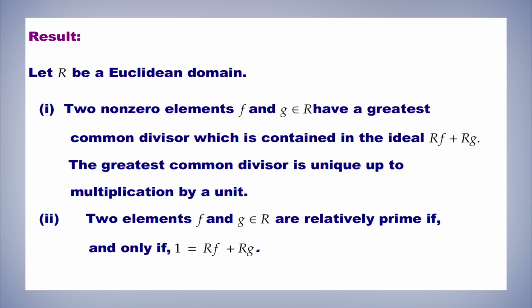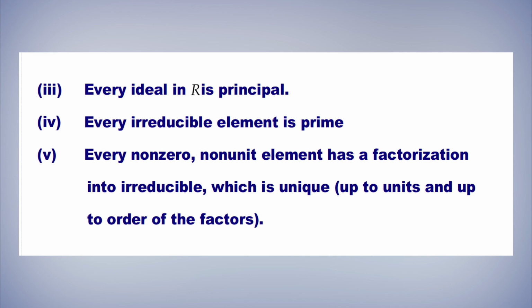Number 2, two elements F and G belonging to R are relatively prime if and only if one equals RF plus RG. Every ideal in R is principal. Every irreducible element is prime. Every non-zero, non-unit element has a factorization into irreducibles, which is unique up to units and up to order of the factors.